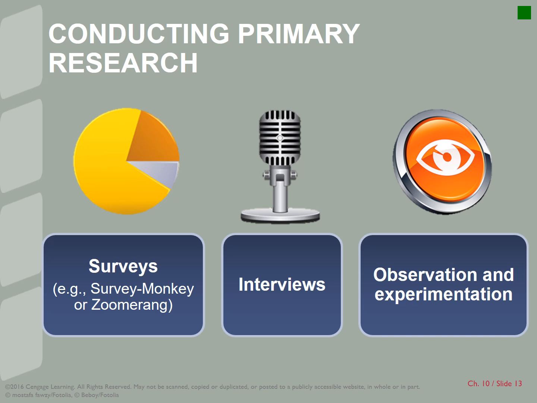Personal interviews, and then additionally, your own observations and experiments. Yes, primary research is required as part of this report. So you will have to determine, after identifying your purpose, what research can I do on my own to include in my report.